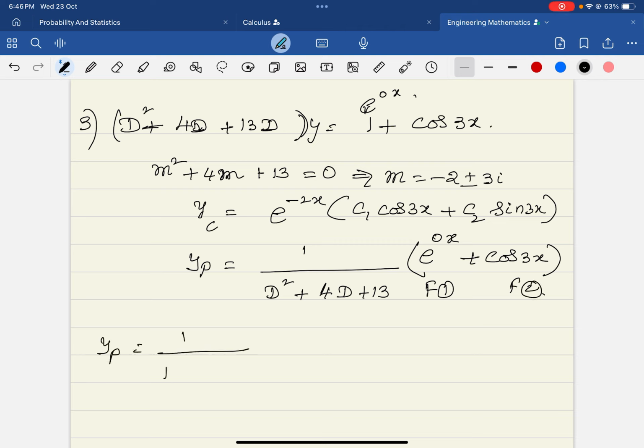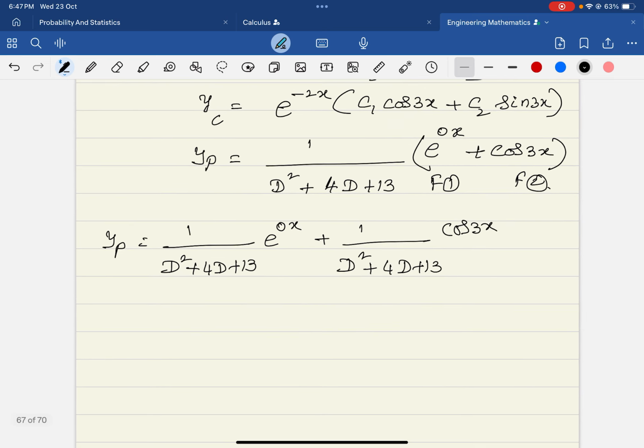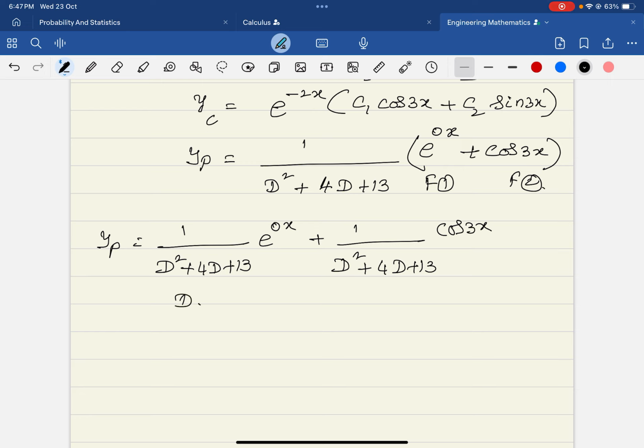That is 1 over d square plus 4d plus 13 times e raised to 0x, plus 1 over d square plus 4d plus 13 times cosine 3x. Now what do we do here? We replace d by 0 because it is form 1. So d replaced by 0 gives you 1 over 13 e power 0x, which is 1 over 13 only.